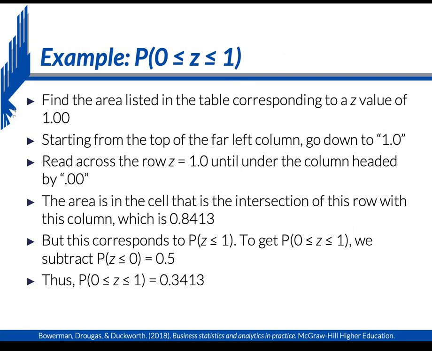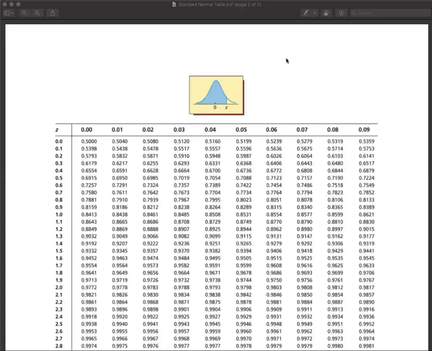Now, if you go back to the table, if we look for 1 in the table, it will give us not the area between 0 and 1, but the total area to the left of 1. So if you search for that here in the table, that's 1.0 and 0.00, that's 0.8413. That's the total area to the left of positive 1. But the problem is asking for just this area.